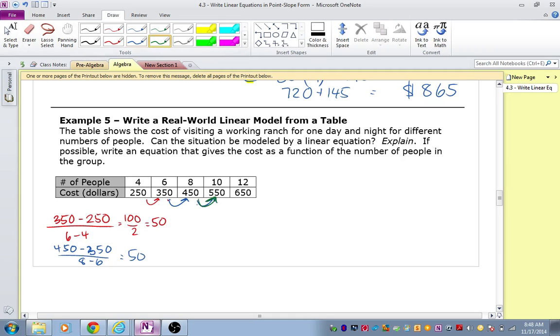From 8 to 10, 550 minus 450 over 10 minus 8, once again 100 over 2 equals 50. And the last one, 650 minus 550 over 12 minus 10, 100 over 2 gives you 50. So the rate of change is the same for each one, meaning it can be modeled with a linear equation. The rate of change is constant.